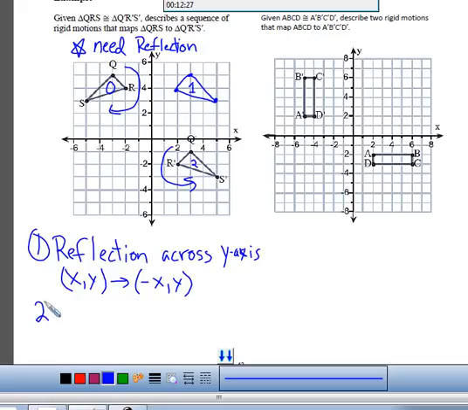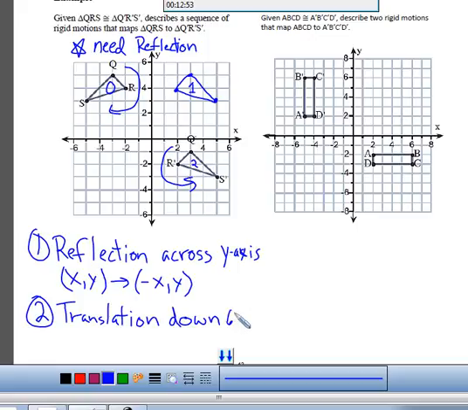And then the second transformation that happens is a translation. Clearly it's not going to reflect again. It's not going to rotate. It is going to translate, and it's just going to do one move, and that's down 6.